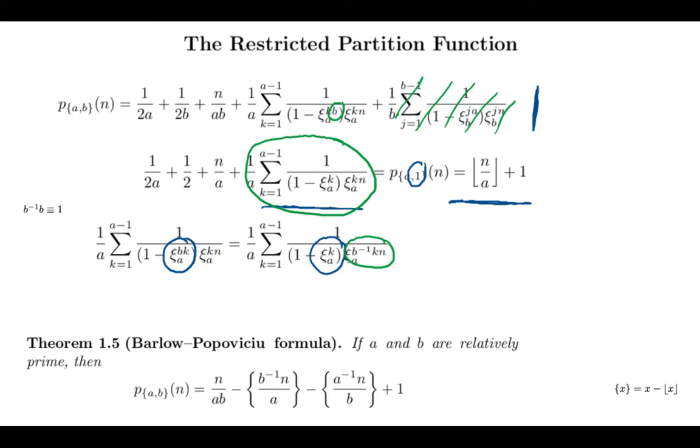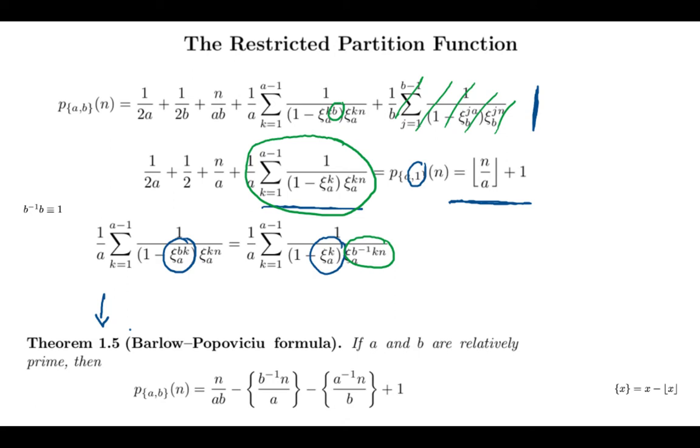And after all of this is said and done, what you get is this theorem down here, where we have a nice sort of closed and easy to compute formula for the restricted partition function.